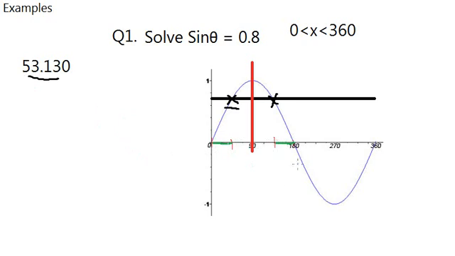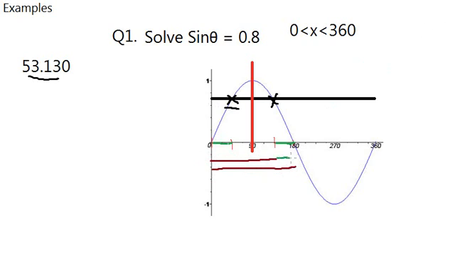What about this point? How do we find it? We know this length is 180, and we want to find this distance, but we have the green distance.